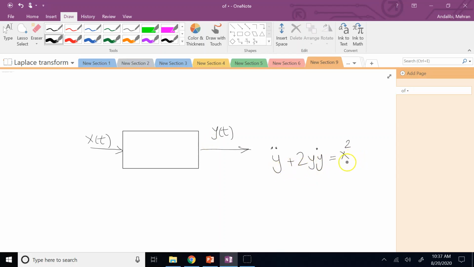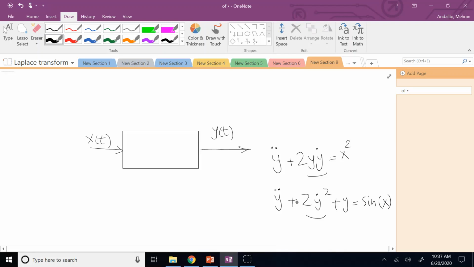So what kind of DFQ is that? Yes, it is nonlinear because I have two terms multiplied. If it was also something like this, still would be nonlinear because I have the nonlinear terms.